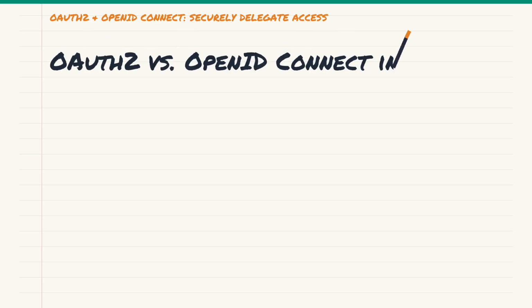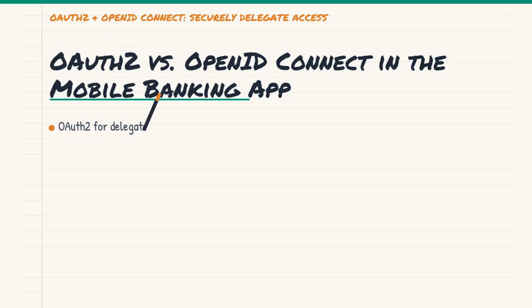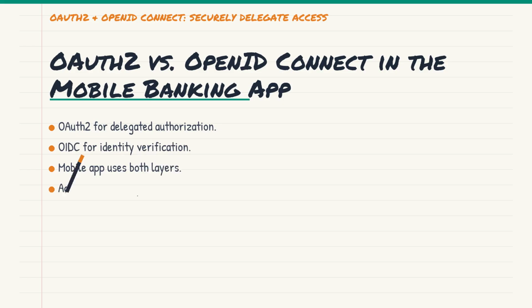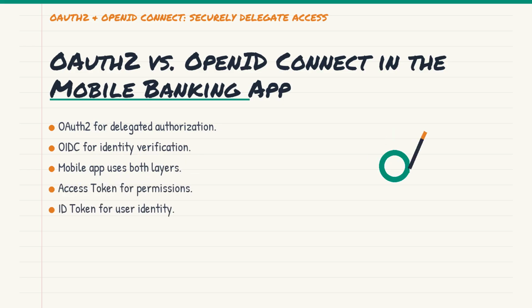So, in our mobile banking app scenario, what's the split? The initial login and consent flow, where the app asks the bank for permission to access your transaction data, that's primarily an OAuth2 flow. The bank's authorization server is issuing tokens that grant specific permissions, scopes, to the secure bank app.